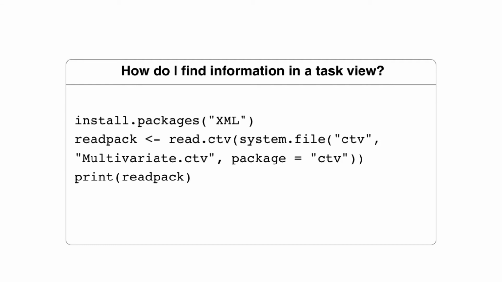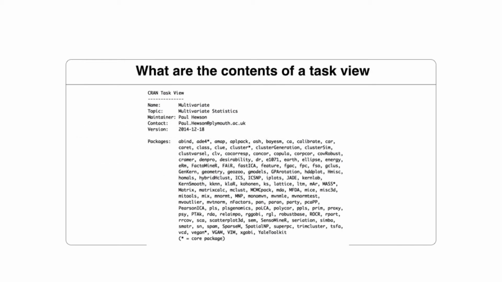It likes to store packages or information in specific objects, and then you can subset that object in order to extract more information. In this particular case, you store everything in the object called readback, and then you print out the readback after having installed the package XML. So this is going to give you a sense of the contents of the task view.